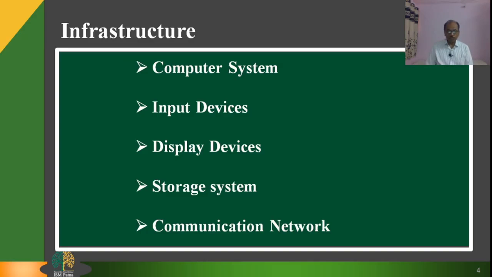To establish a communication network, we use hardware like Ethernet, token ring, FDDI, I mean fiber distributed data interface, ATM, asynchronous transfer mode, intranets, internets, etc. So, all these infrastructures are required to develop as well as to display the graphics or multimedia applications.